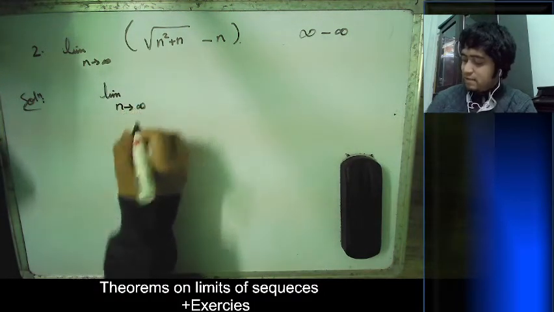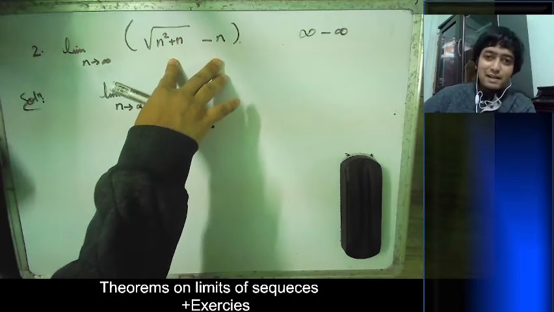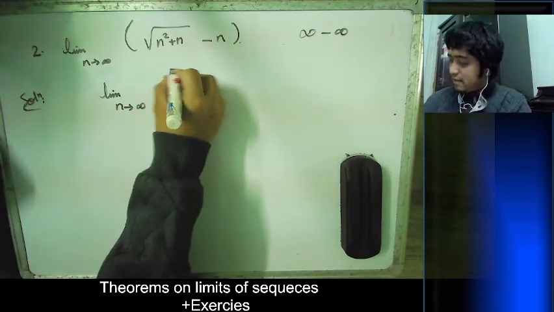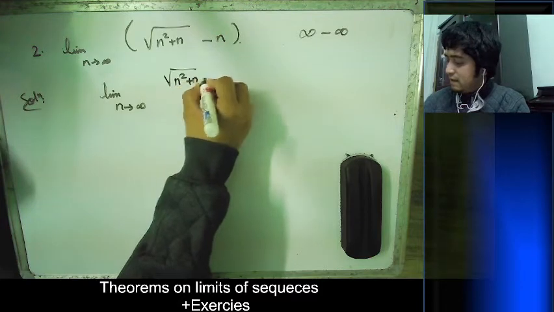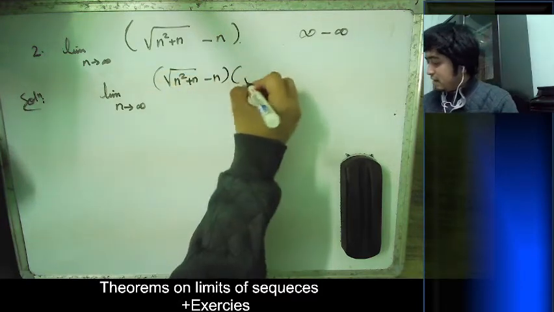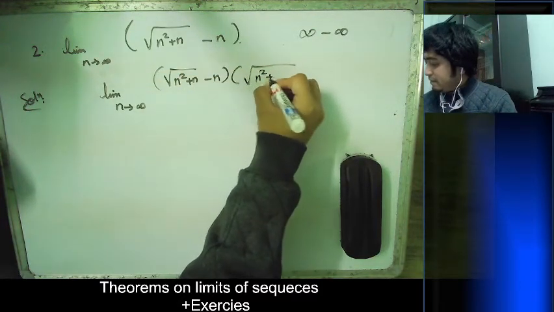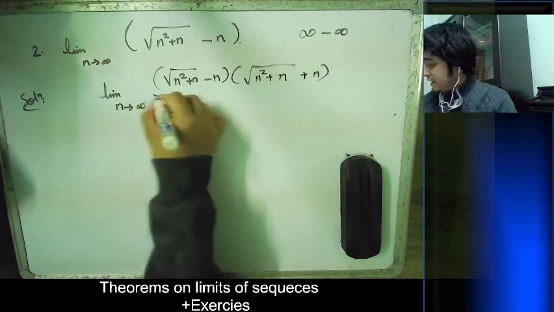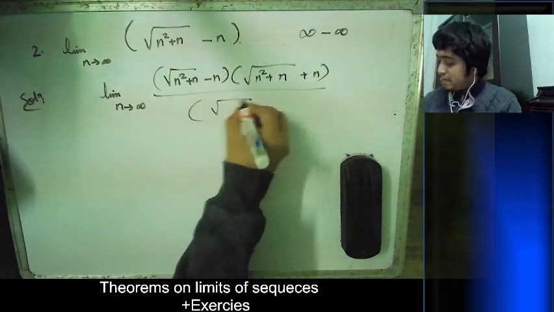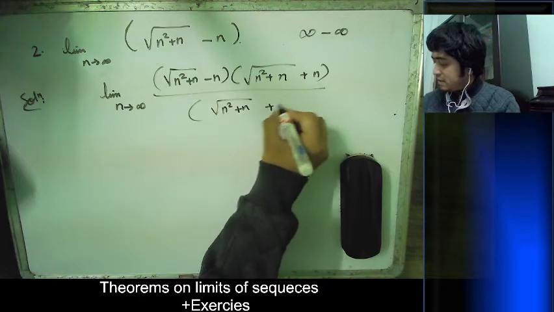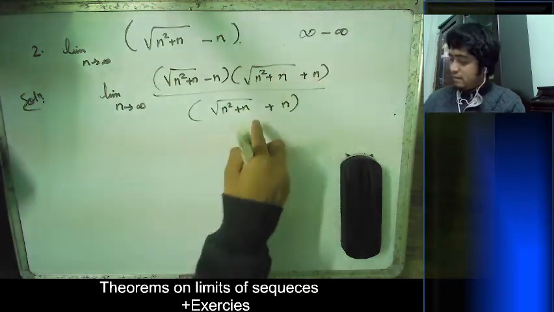All right, so let's do it. We can first rationalize. We'll multiply the numerator as well as the denominator by the same factor, which is this factor.